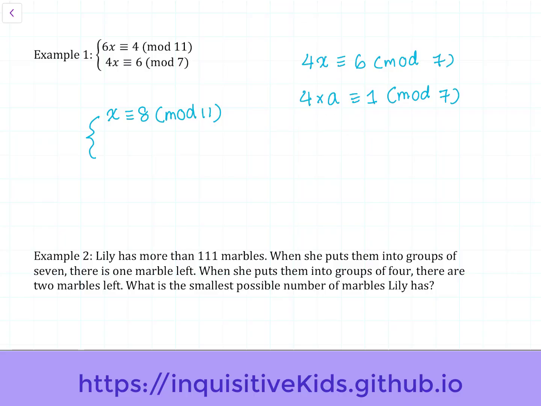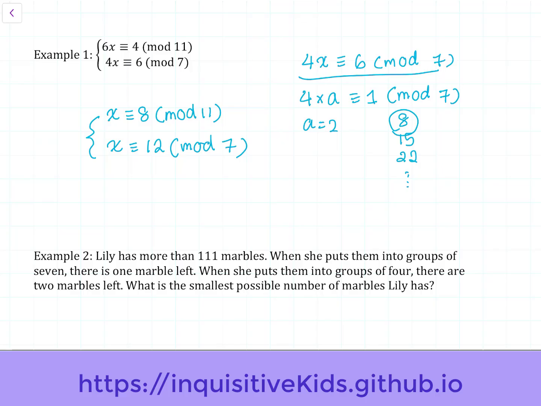Let's start by adding 7 to 1, which is 8, then 15, 22, so on. As you can see, we already see a multiple of 4, which means that a is equal to 2. We can multiply 2 onto both sides of this equation, giving us x is congruent to 12 mod 7.